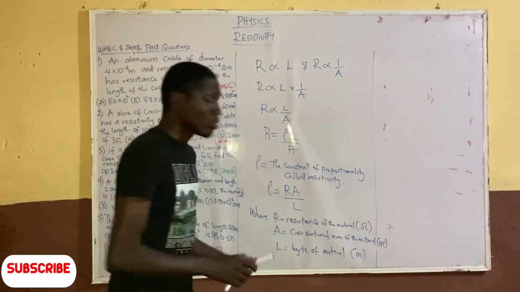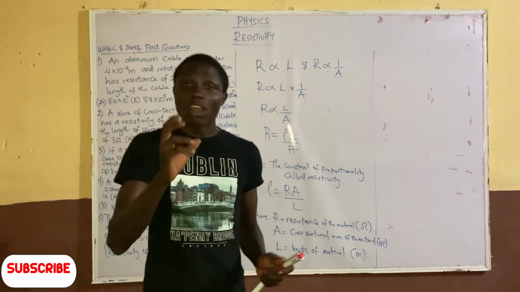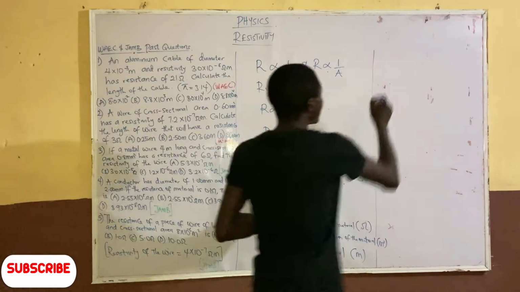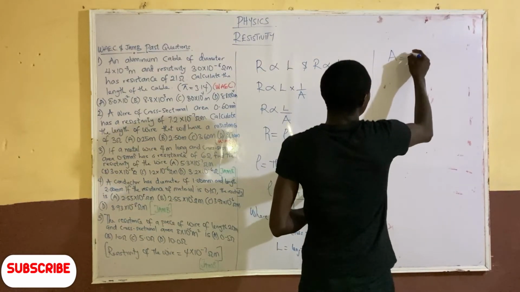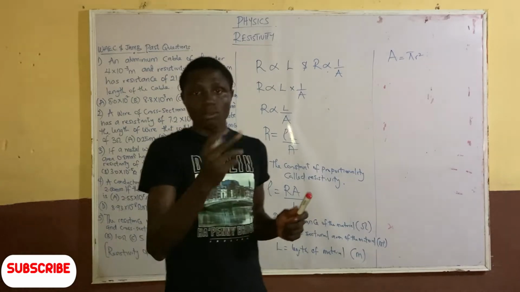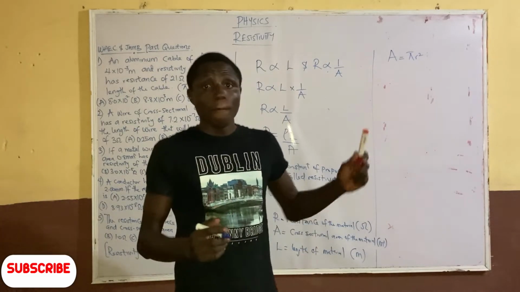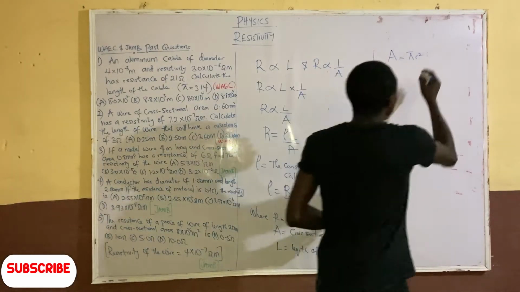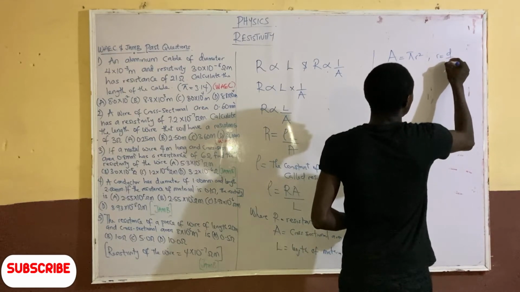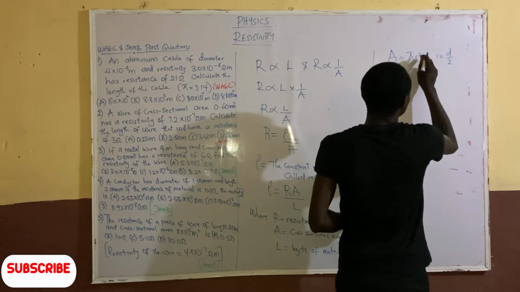Whenever you want to determine the area of a circular wire, we use area equal to pi r squared, the area of a circle, where r is equal to d over 2. Now we are having r squared here.